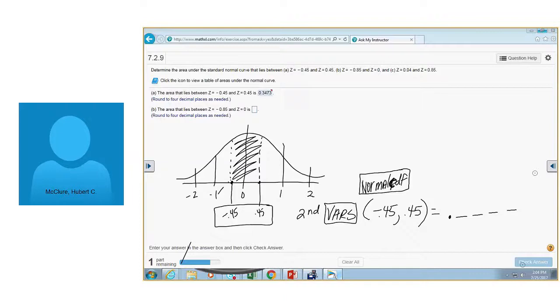Well, 0.3473, is that what you got? What did I say? 35%. I was pretty close. So, common sense.